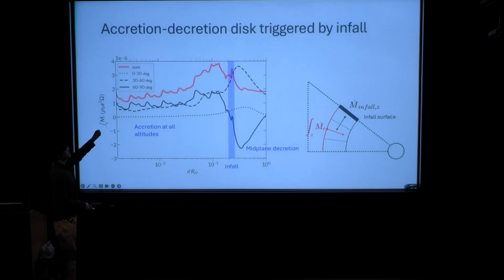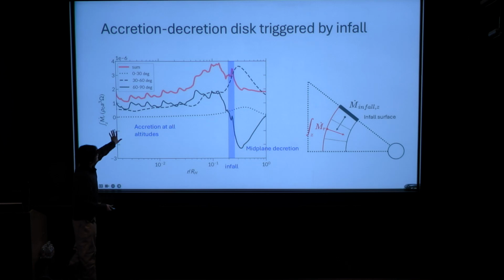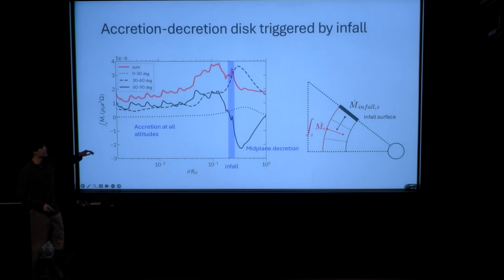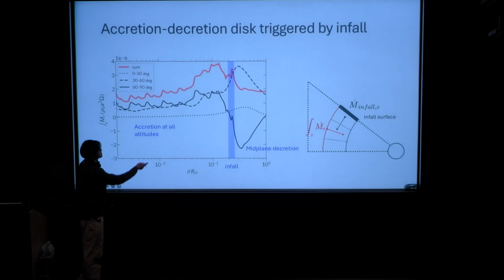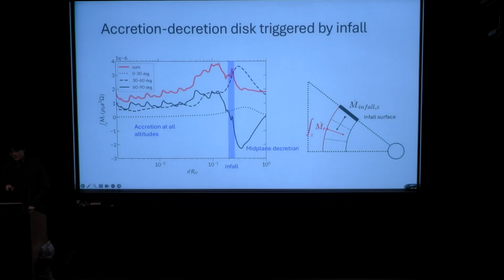From 0 to 30 degrees is the polar region. From 60 to 90 degrees is the midplane. You can see inside the infall radius, which is around 0.2 Hill radius, there is accretion at all altitudes, while outside it, at the midplane there's de-accretion and accretion at the upper layer.